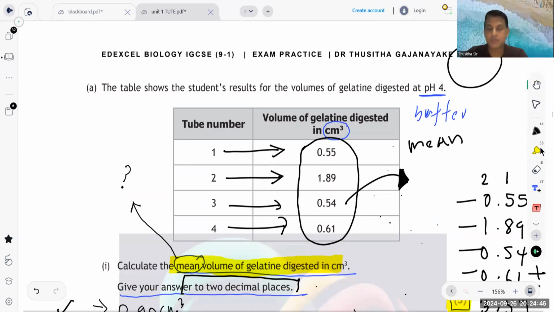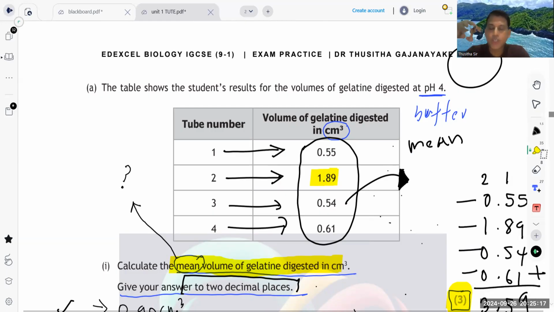Now the problem is, you can notice this value, 1.89. It's not working. Now look carefully at all the values: 0.55, 1.89, 0.54, 0.61. Right.